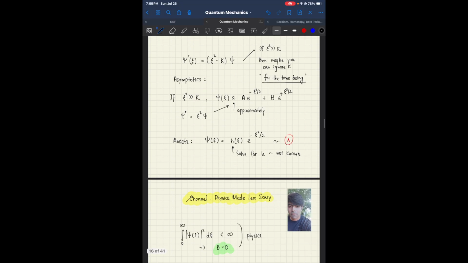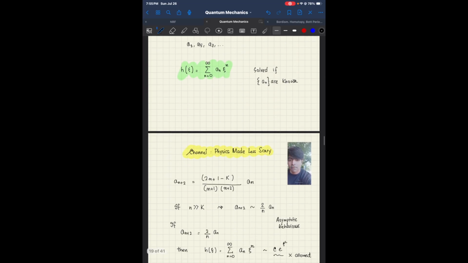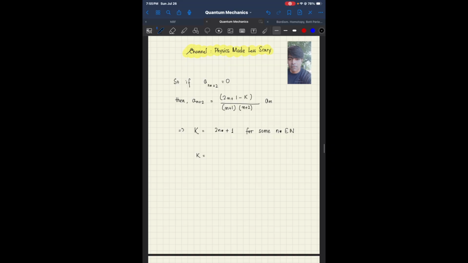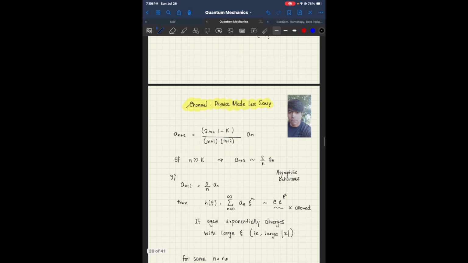It is 2E by h cross omega, but we have shown that this is actually equal to 2n plus 1. This immediately implies your E. Do you get it? And ta-da, you're done.